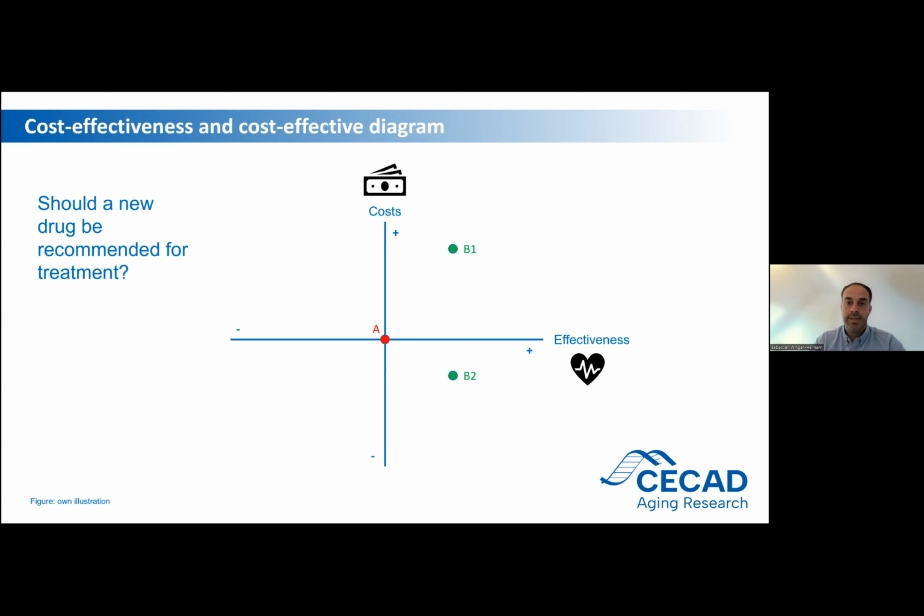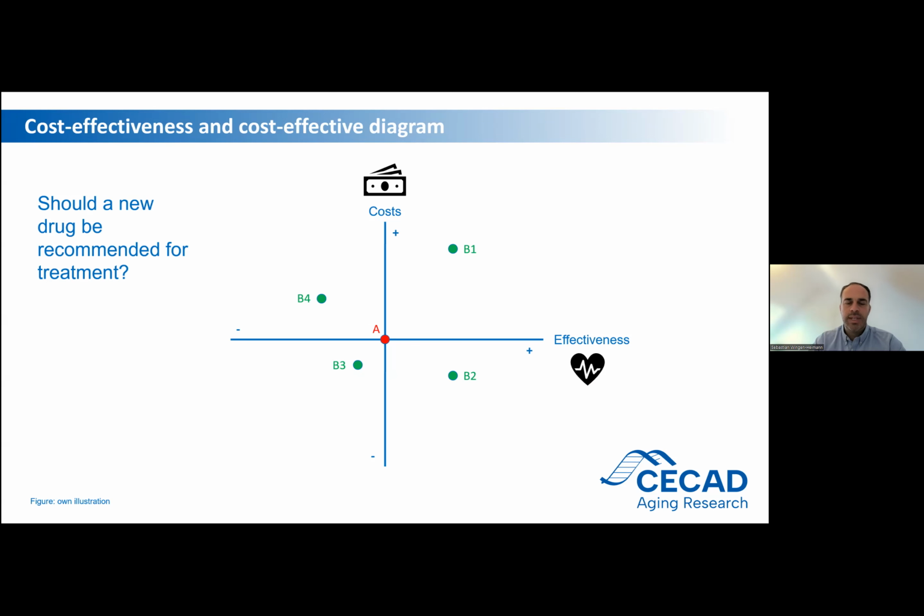B2 means that B is more effective and less costly compared to A. The third scenario is that B3 is less effective and less costly compared to A. And the fourth scenario is B4, which means that it is more costly and less effective compared to A.